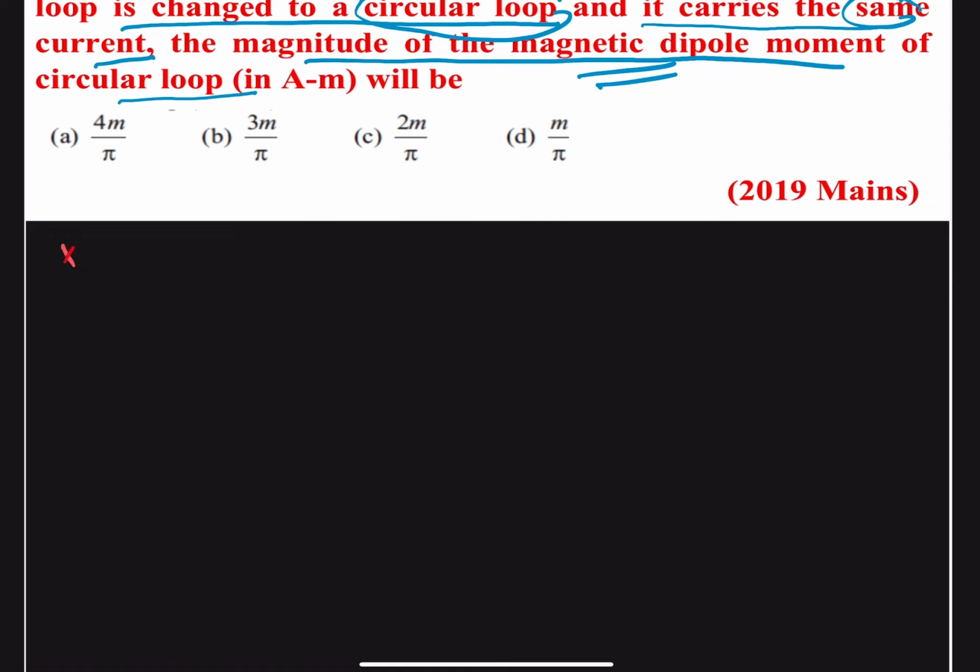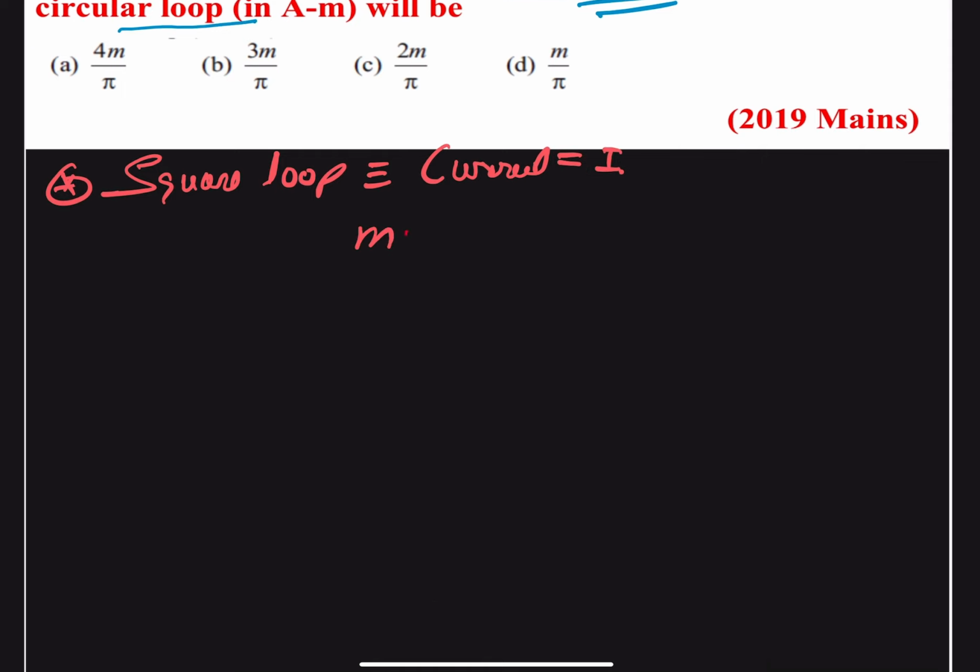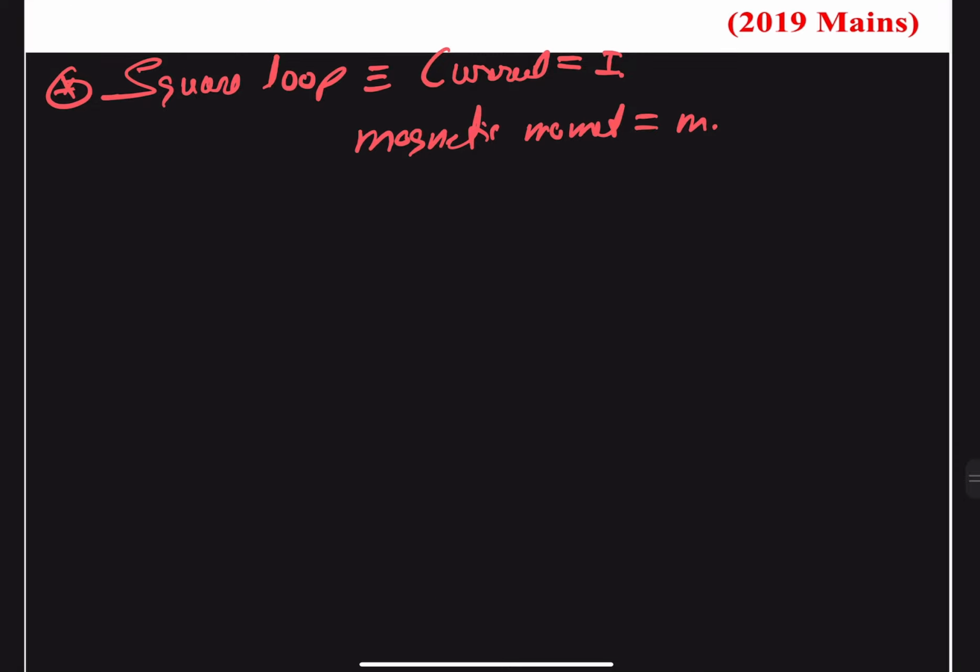So first of all, we have a square loop, and for this square loop current is given as I, and magnetic moment is given as m. Now this square loop is reshaped into circle. And in this case, the current remains same.